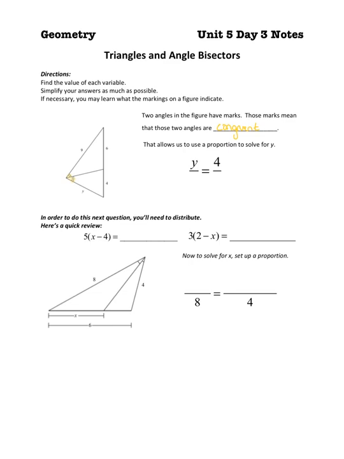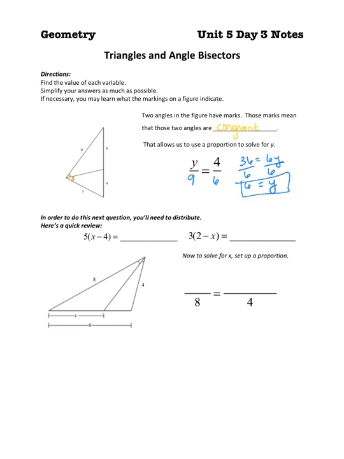Y is one side of the smaller triangle, so y is to 9 as 4 is to 6, because y and 9 correspond, and 4 and 6. Cross multiply, 36 equals 6y. Divide by 6, 6 equals y.